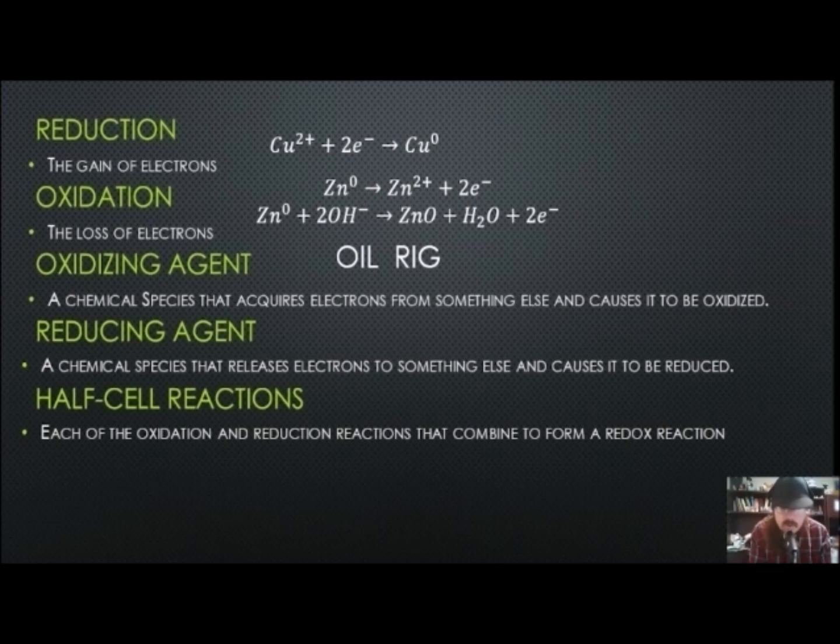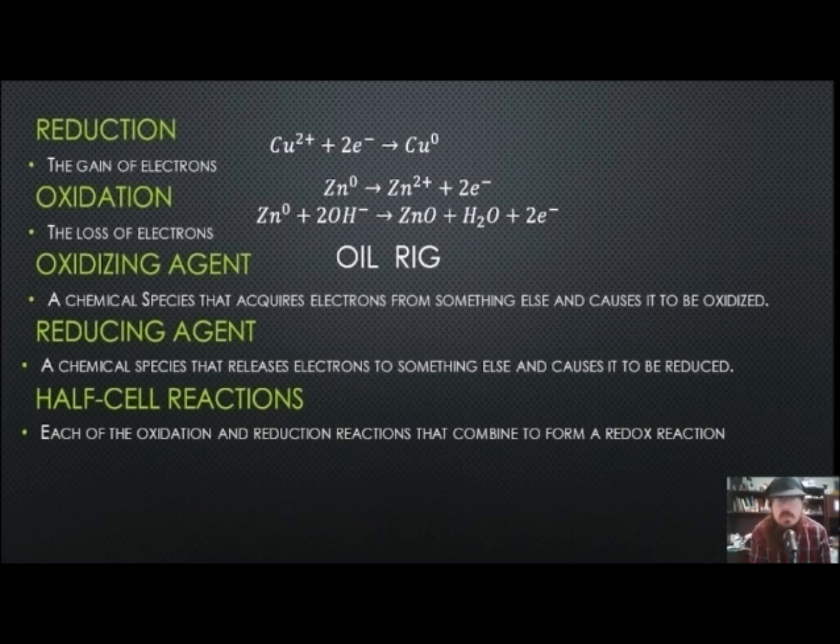Now, one thing to remember is that electrons don't just disappear. They must be lost from somewhere and they must go to somewhere. Just in the same way that acids always need a base, under the Bronsted-Lowry definition of an acid base, reduction always needs an oxidation because the electrons have to come from somewhere and they have to go somewhere. So we can understand these in terms of oxidizing agents and reducing agents.